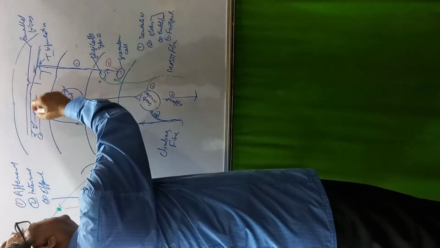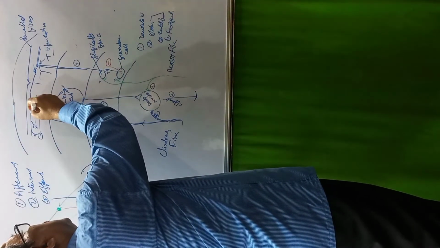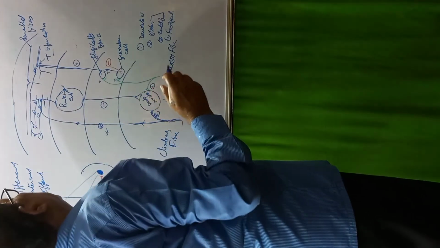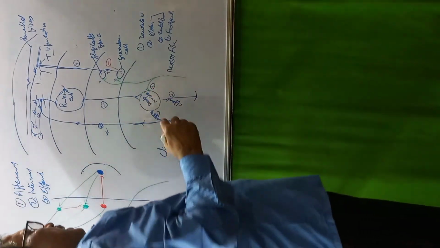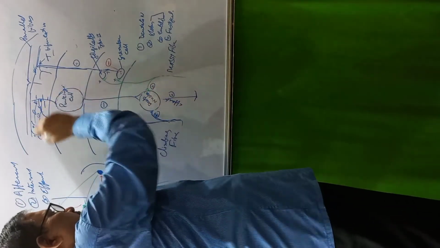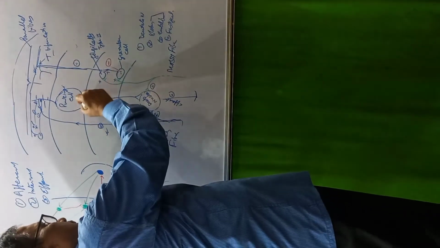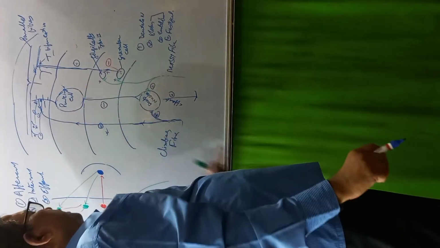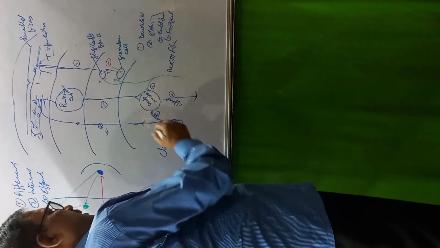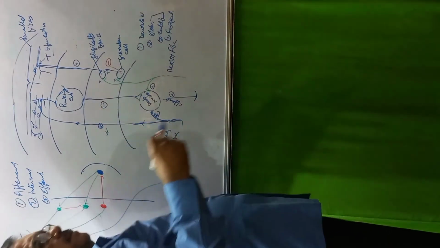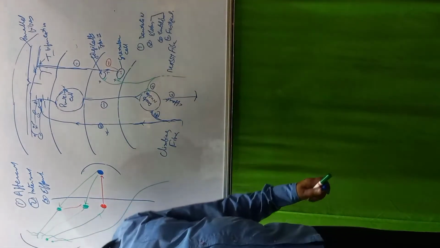And the Purkinje cell is inhibitory. Then the Purkinje cell sends impulses through its axon to the deep cerebellar nuclei, which is inhibitory.